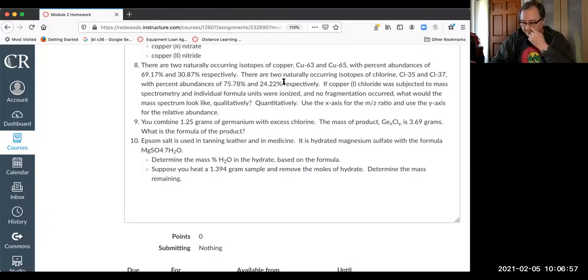All right. So let's take a look here at this problem. I'm going to change my share now to my desktop. So hopefully when I get done here, you will now see my desktop.